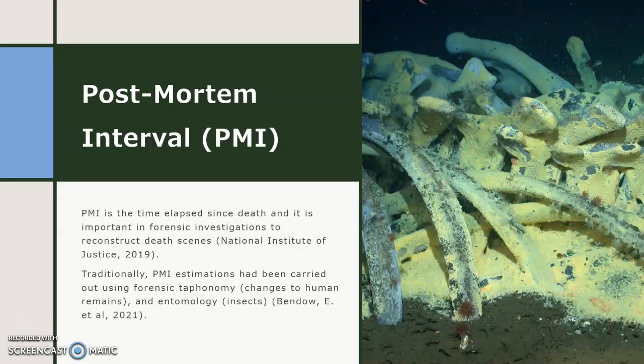The PMI, postmortem interval. The PMI is the time that goes by between the time of death and the time it is found. And it is very important in forensic science to be able to understand or reconstruct a death scene.